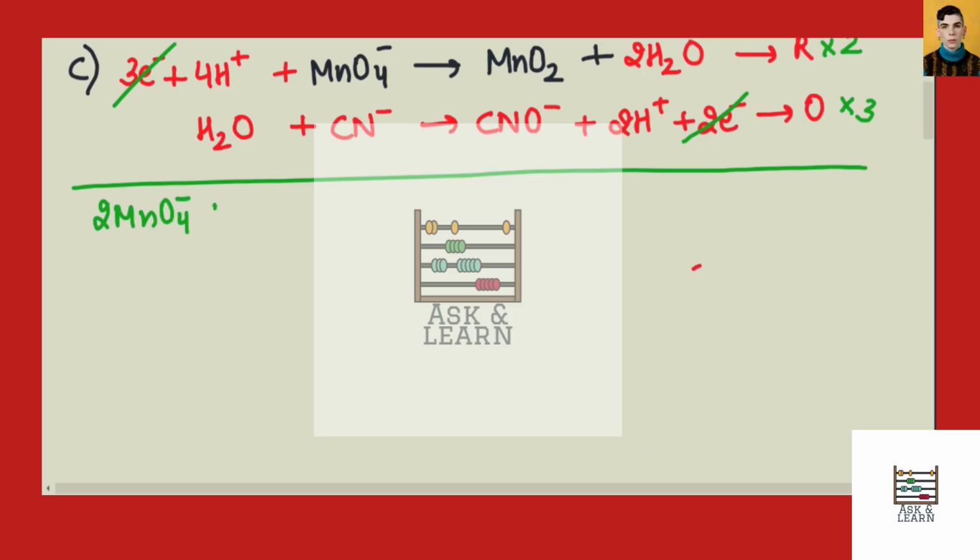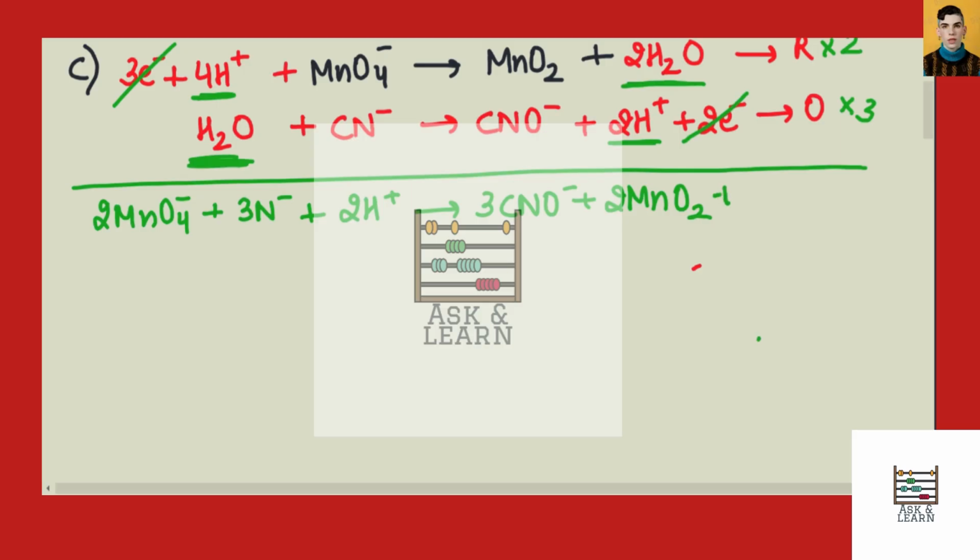2MnO4- plus 3CN- plus, so we have 8H+ here and 6H+ here, so 8 minus 6 is 2H+. Okay, and then we have 3CNO- plus 2MnO2, and we have 4H2O here and 3H2O here, so 4 minus 3 is 1, so 1 H2O here.